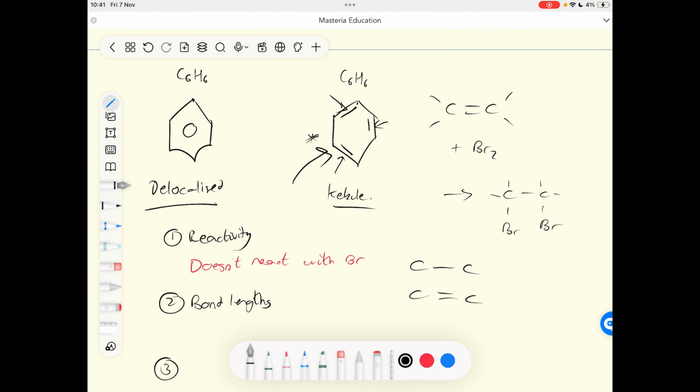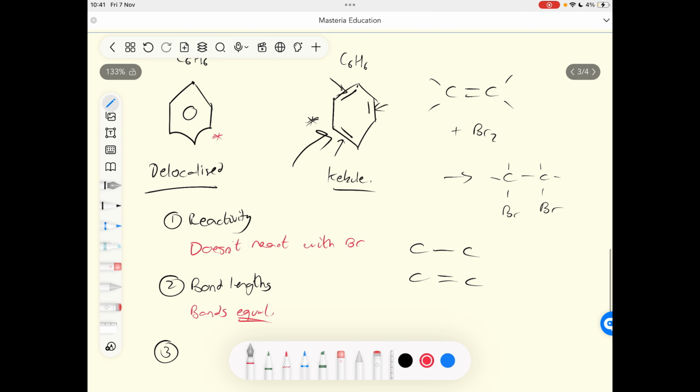So you'd have single bonds and you'd have double bonds with differing lengths. However, what we find is all the bonds are actually of equal length. And this weighs a lot more into this delocalized model where all the bonds are actually the same, rather than the Kekulé where you've got some singles and some doubles. So that's the second reason. So first was reactivity, second was bond lengths.